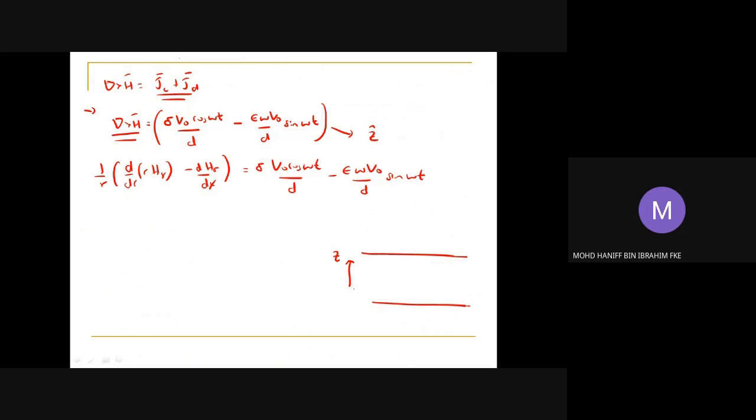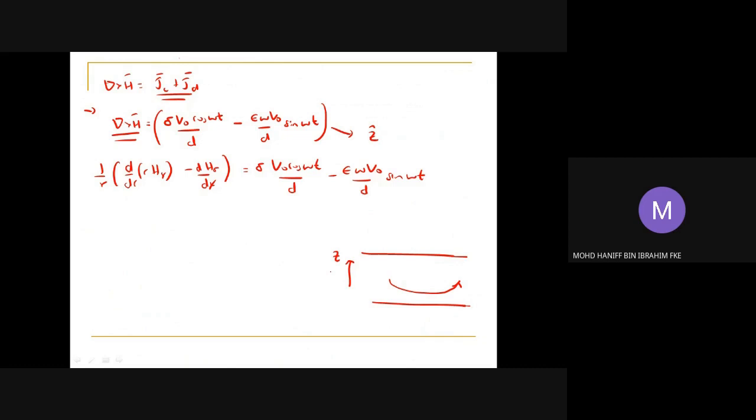So we can say that your field will be in this phi direction, because the current is in the z direction. This is based on the right hand rule. I think all of you understand that the thumb gives us the direction of the current and the rest of the fingers give us the field direction.